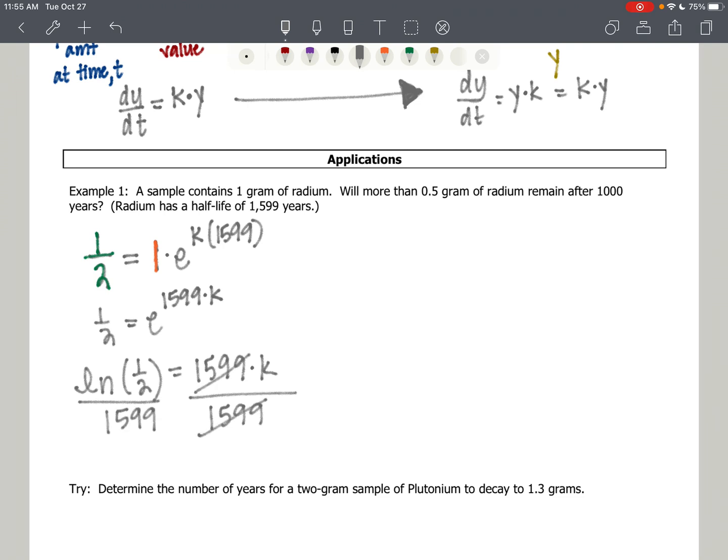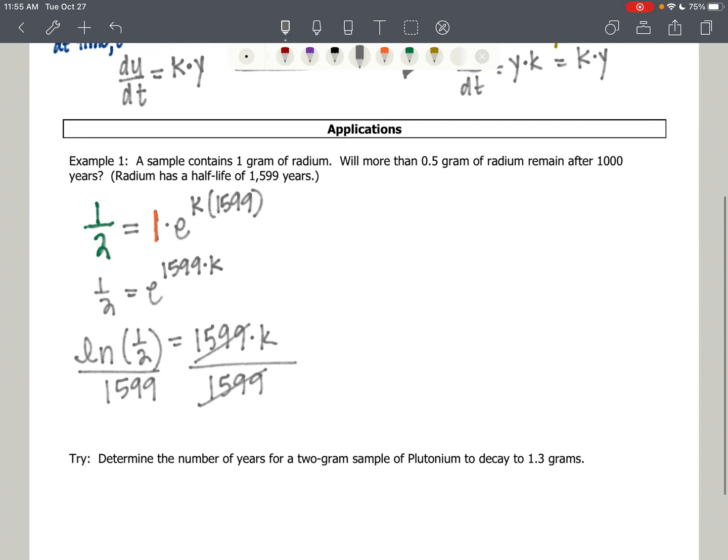And the constant of proportionality for this problem, k, is equal to the natural log of 0.5 divided by 1599. Now, will there be more than half a gram remaining after 1,000 years? Yes, there is going to be more than a half remaining after 1,000 years, because it's going to take almost 1,600 to get down to a half.